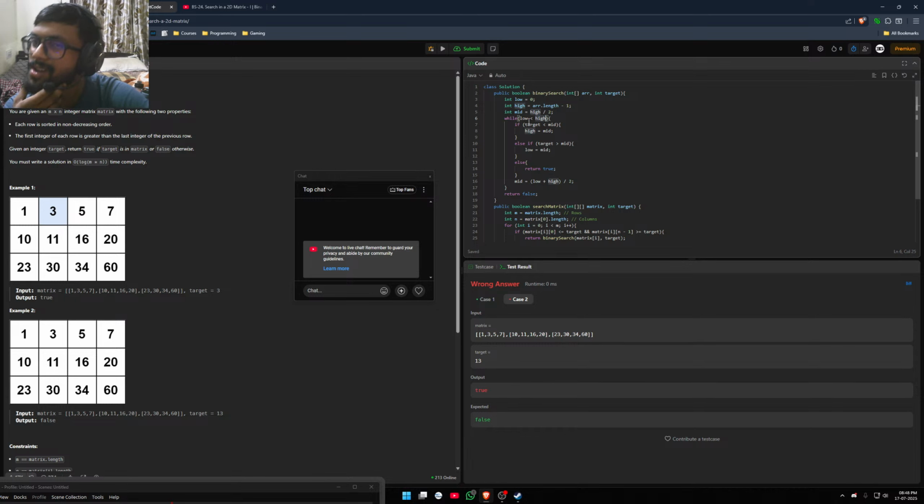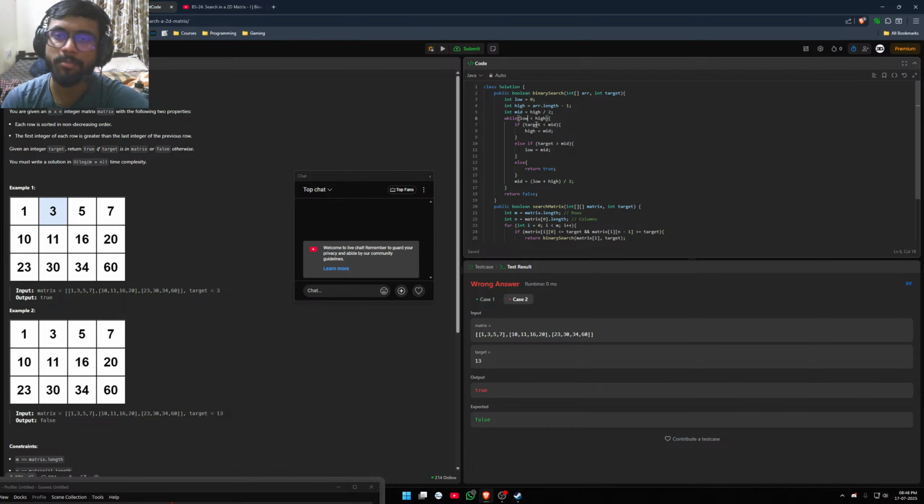Should we do array of low? No, I think this should be exactly as it is. So low is less than high, which is true in this case.